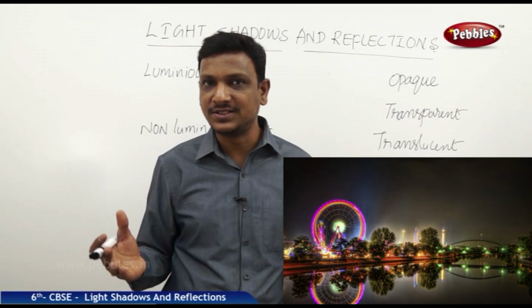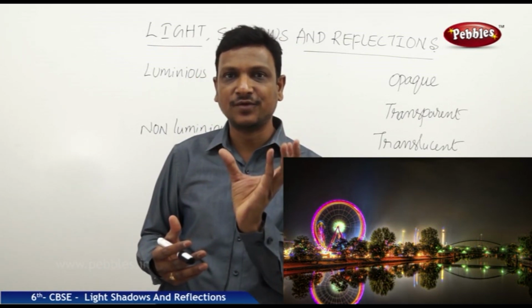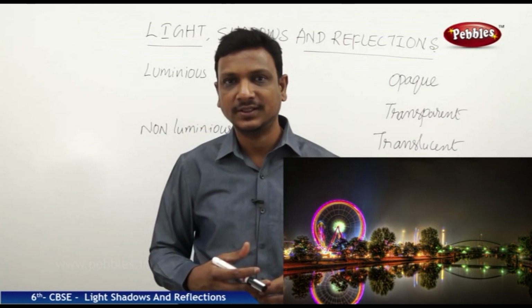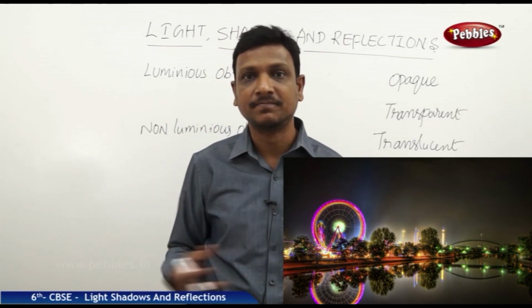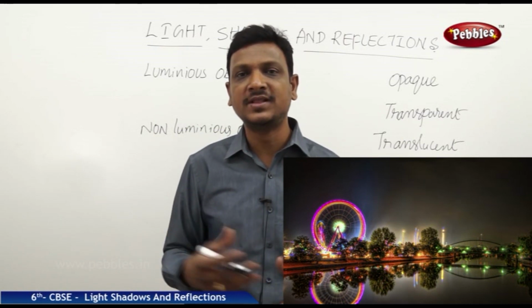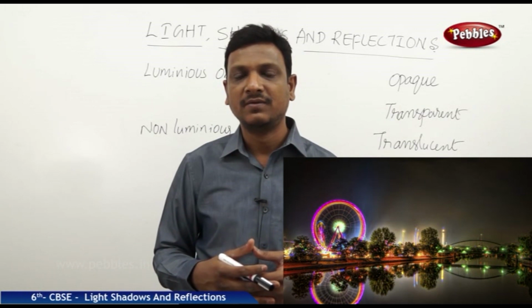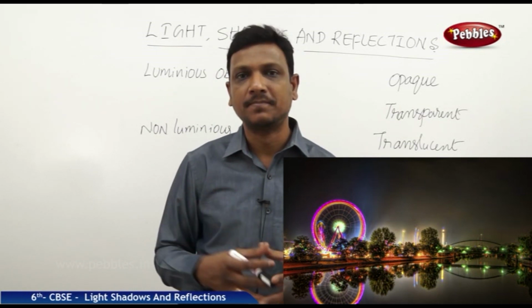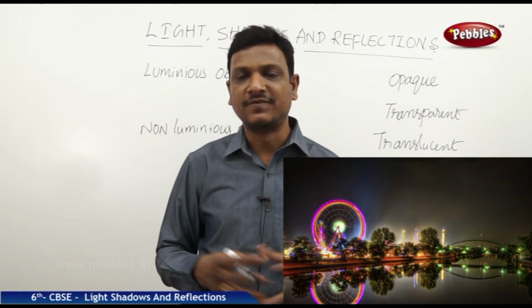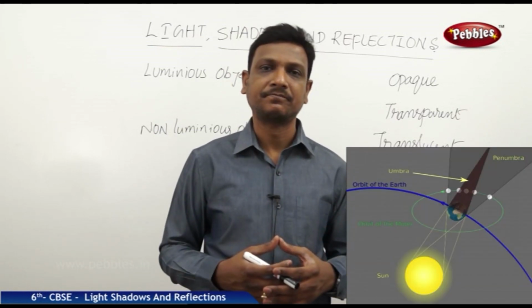Nighttime there is no light falling on the earth because you are on the other side of the earth where there is no sunlight falling. So you cannot see anything. Of course, you can see with the help of artificial light, electrical bulbs and all. With those things you are able to see. But when we talk about natural light, only in the daytime are we able to see.